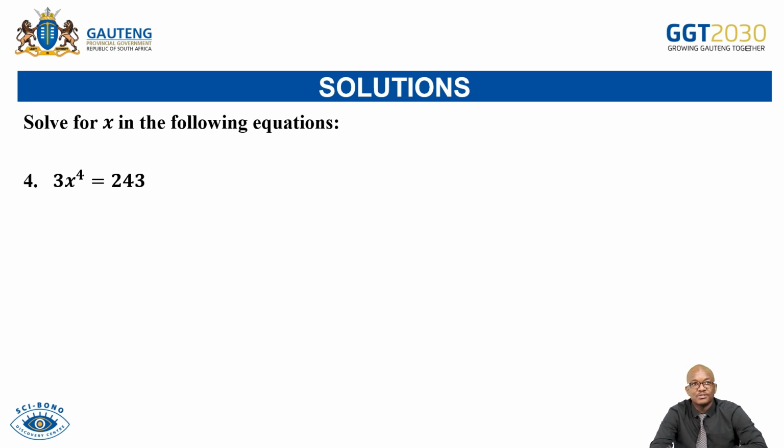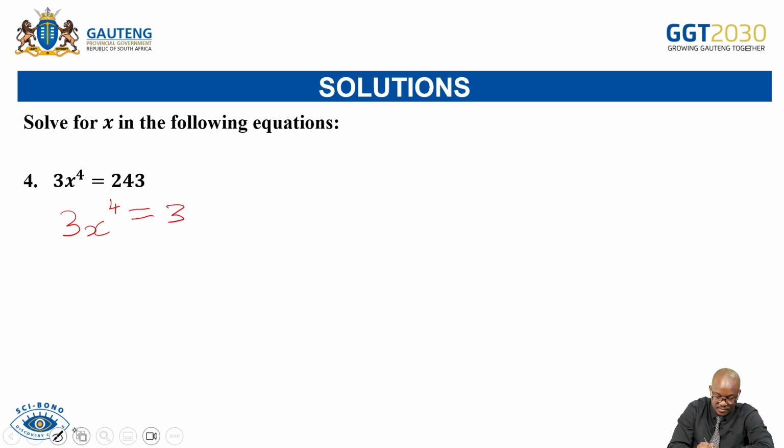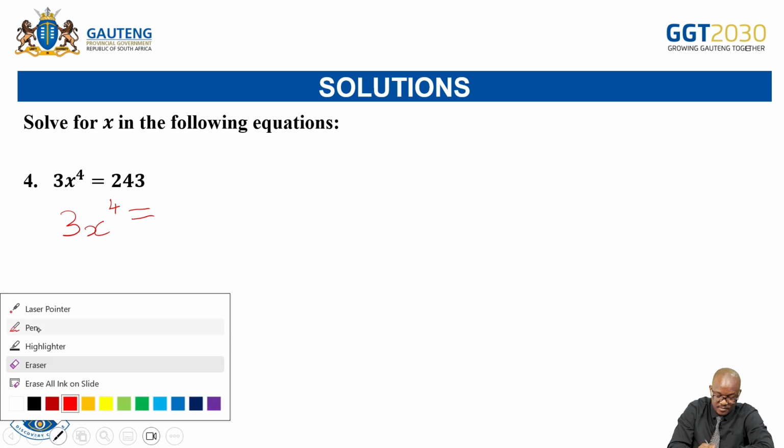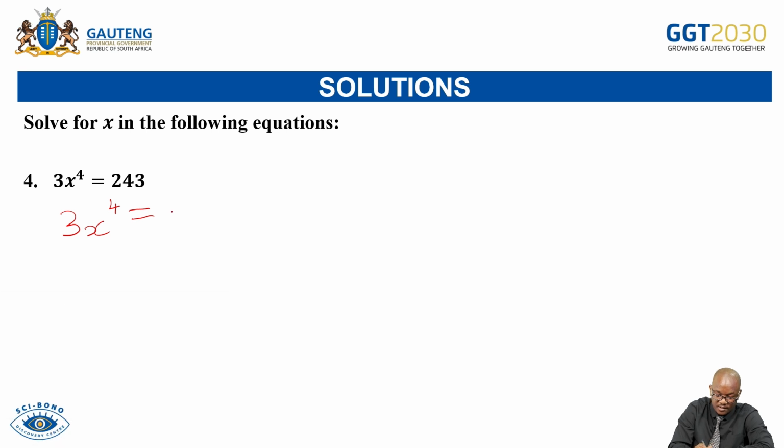Looking at the last one, we can see that it is the same as the second one. We need to firstly rewrite this equation. We rewrite our equation, we are having 243.